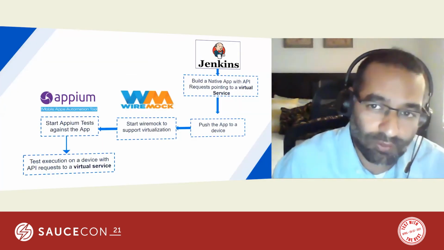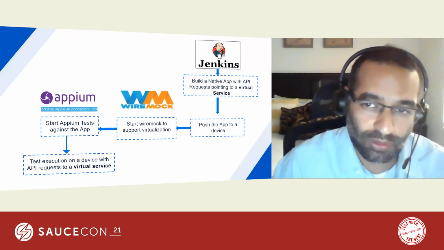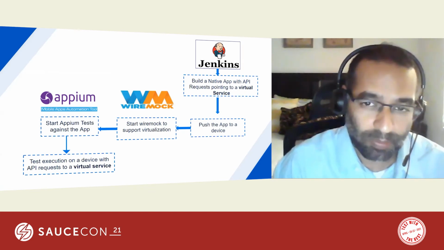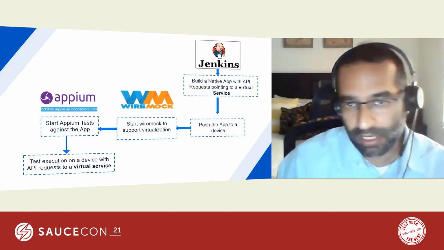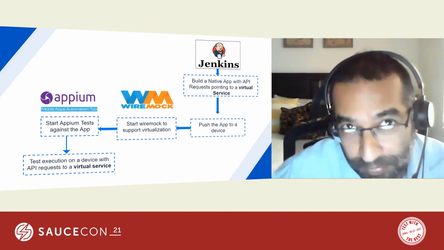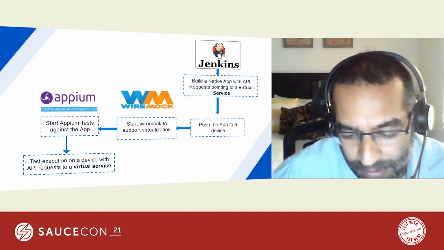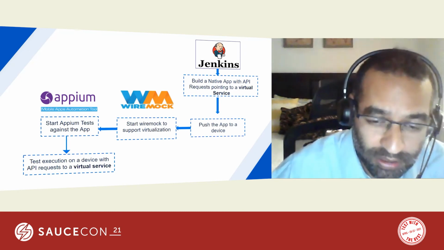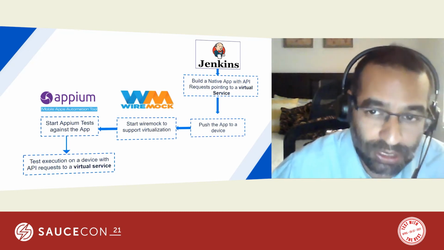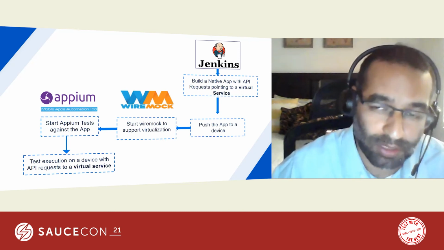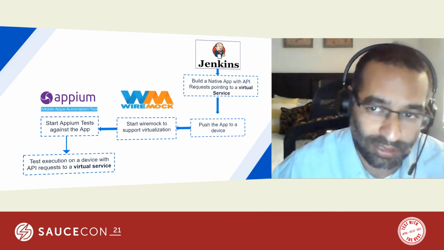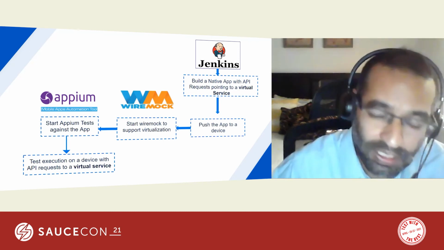In my project, we used Jenkins for CI/CD, but the concept can be applied to any other tool, for example CircleCI, TeamCity, or any other tool. But I use Jenkins because I'm more familiar with it.